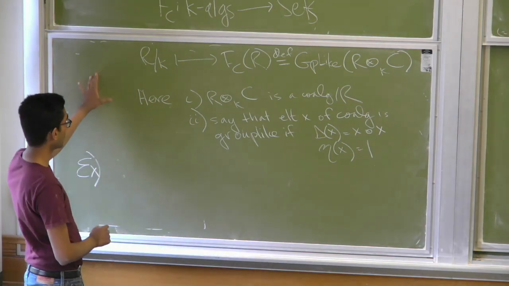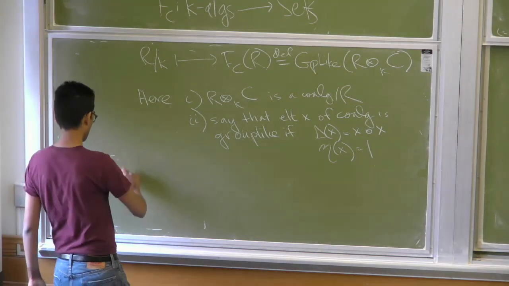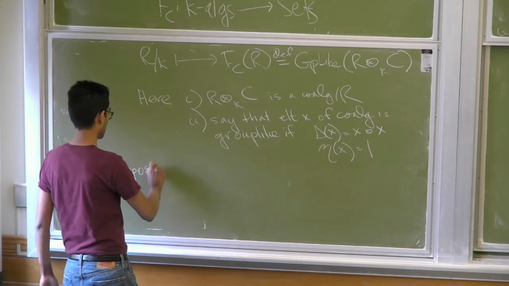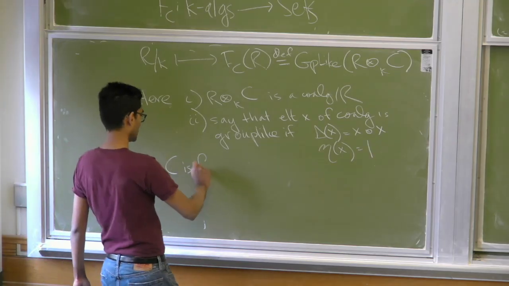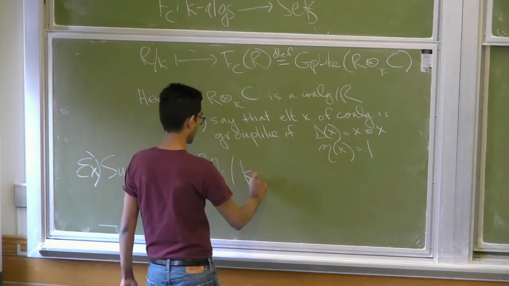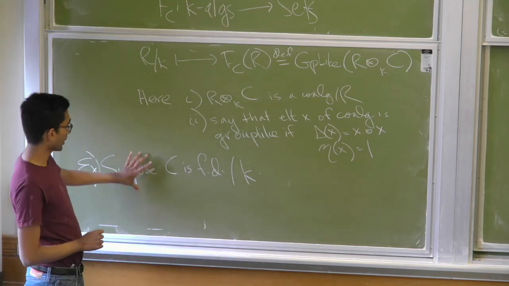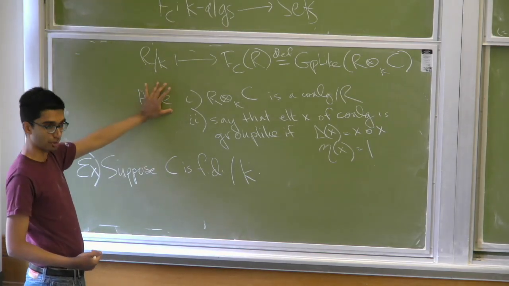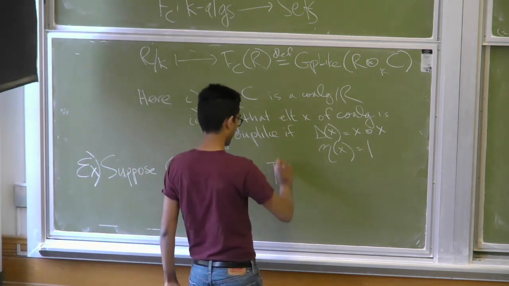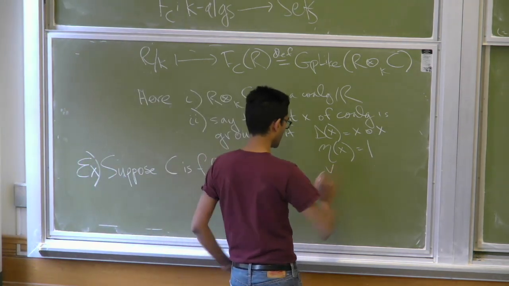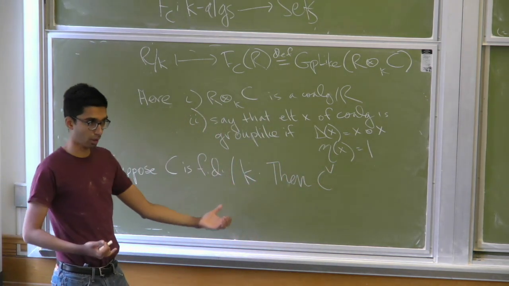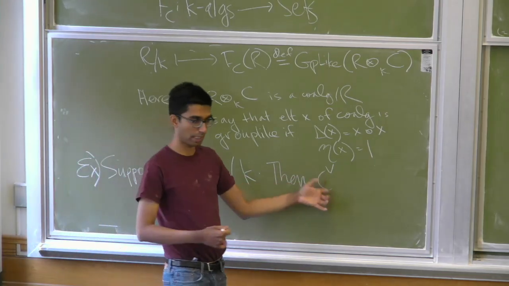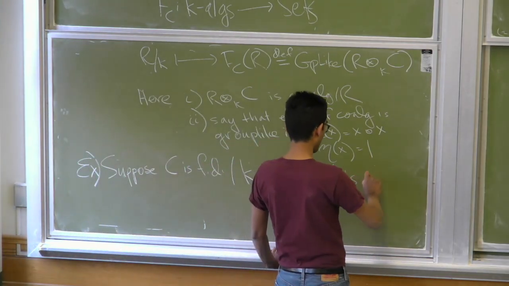Okay, so an example of this: suppose C is finite dimensional. Then we can form the linear dual C dual, and because C is a coalgebra, that makes C dual into a K algebra.